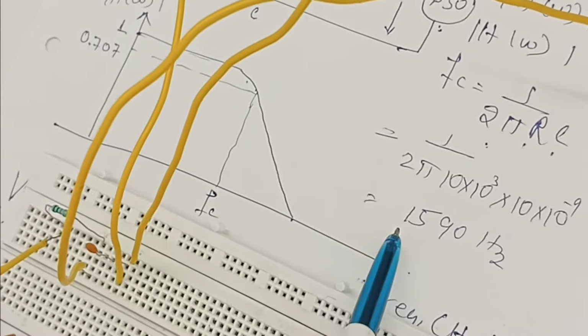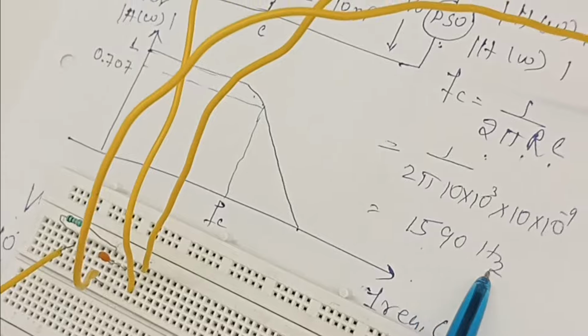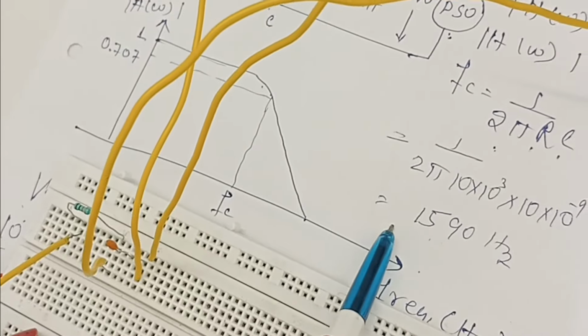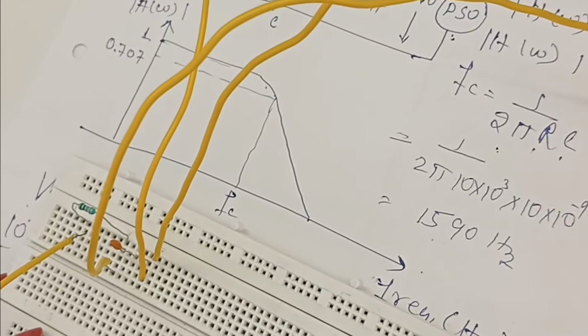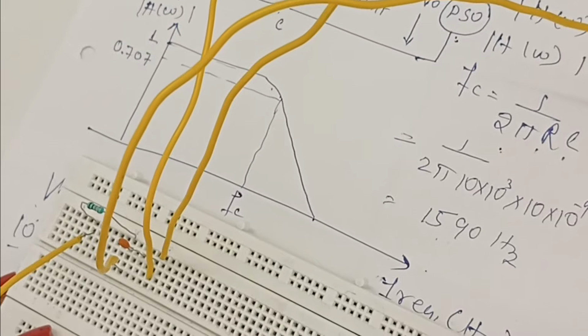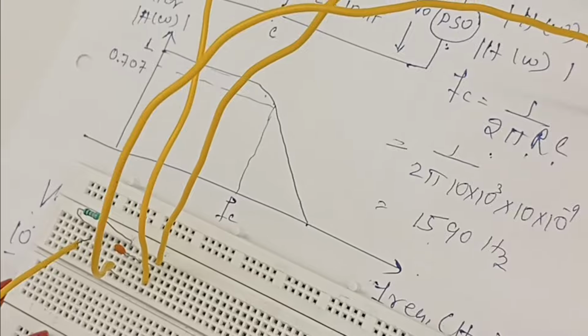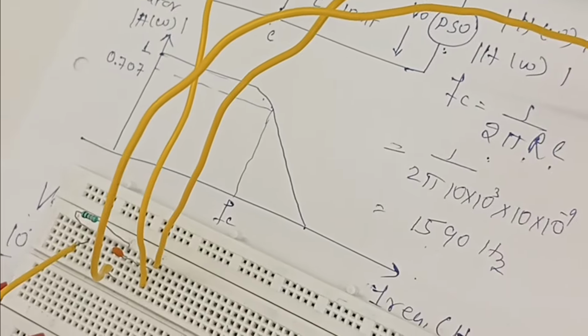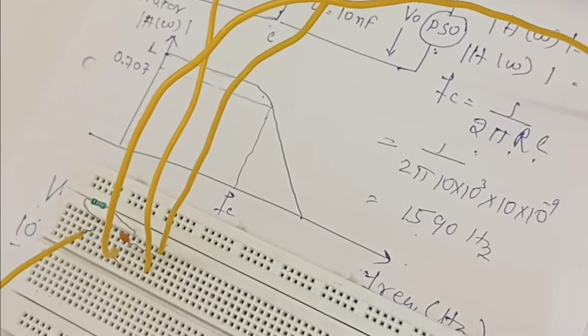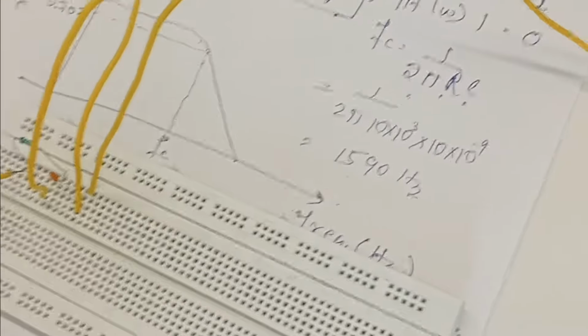So it means that below 1590 Hertz, output will be equal to input, means transfer function magnitude would be 1, and beyond fc it will keep on decreasing and will reach 0 at very high frequencies. So let us see whether this is happening in this experiment or not.